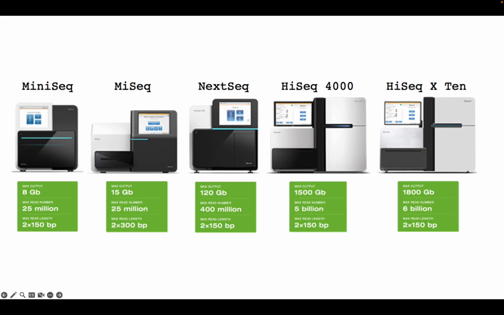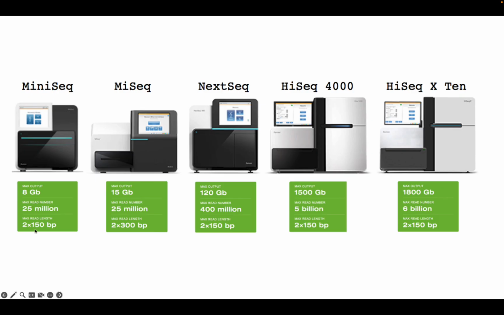For example, if you're wanting to do something like a human genome project or a large eukaryotic genome, you're probably looking somewhere over here on the right, maybe not even the NextSeq, but maybe a HiSeq or a HiSeq X10 that can output a terabyte worth of data. If you're on the bacterial side, maybe a mini or a MiSeq would really be sufficient for you.